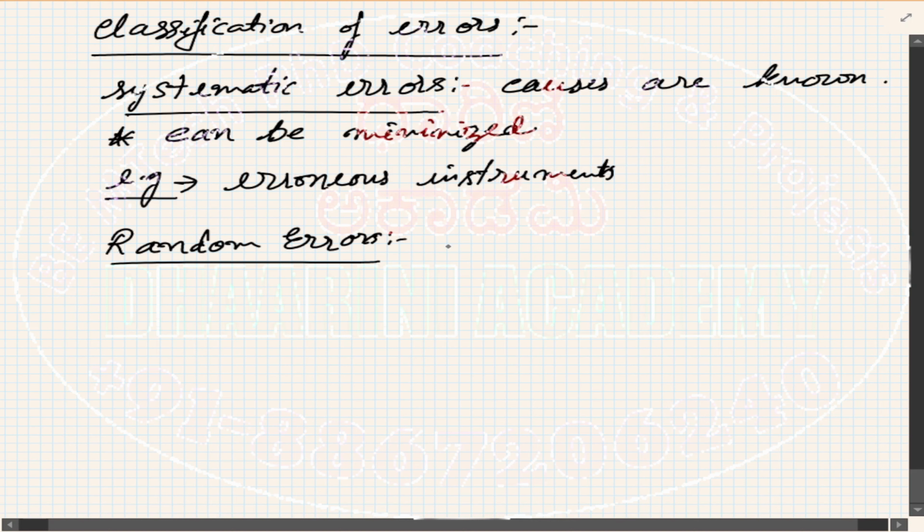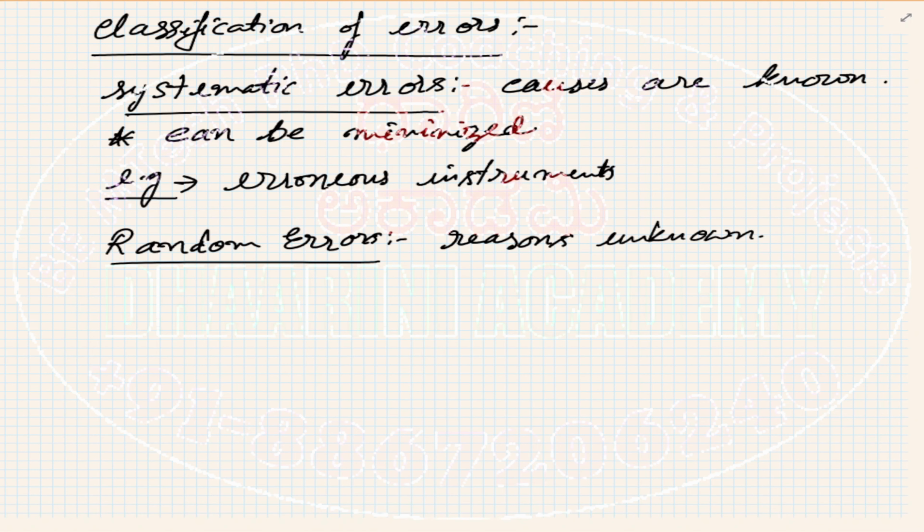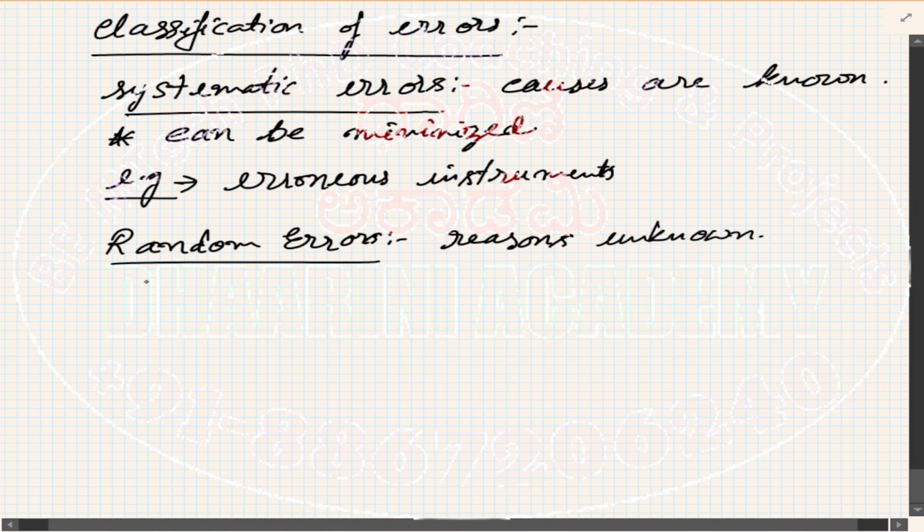This means the reasons are unknown. Since we don't know the reason behind these kinds of errors, it is not possible to minimize them. You cannot minimize because I don't know the reason.